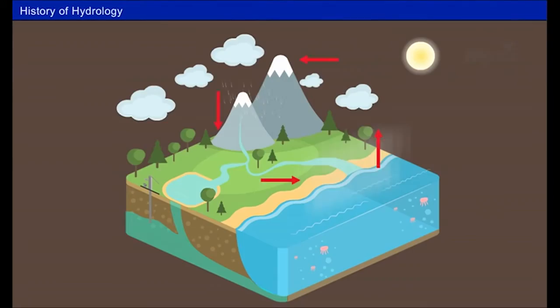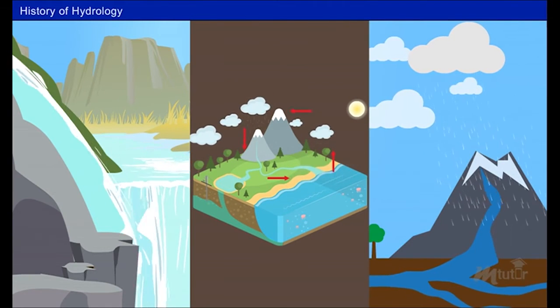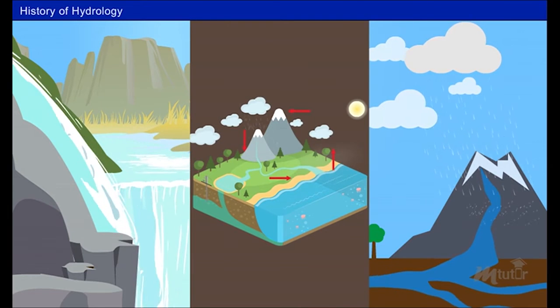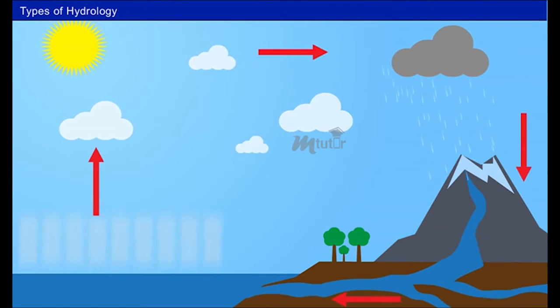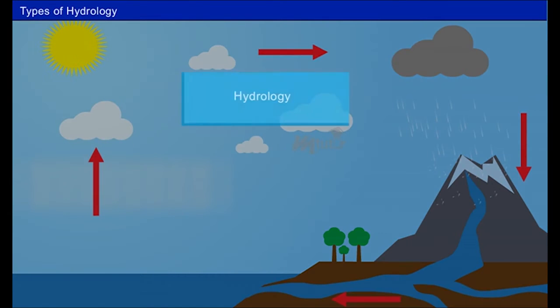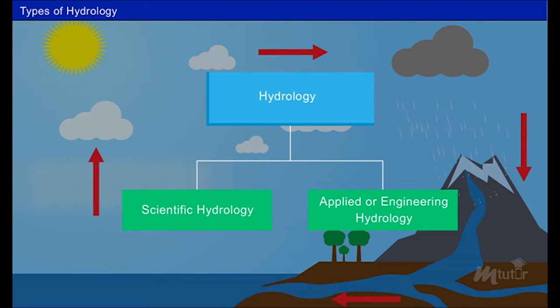From the history it is evident that hydrology has its importance in various fields, based on which it is classified into different divisions. Let us learn about it in detail. As of now, based on the degree of adaptability, the field of hydrology is classified as scientific hydrology and applied or engineering hydrology.